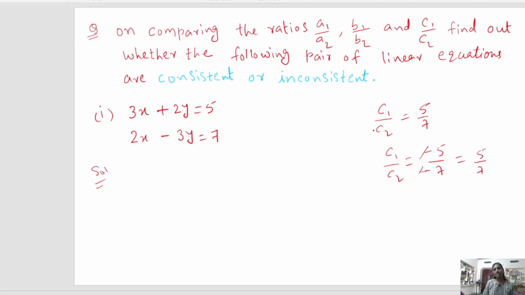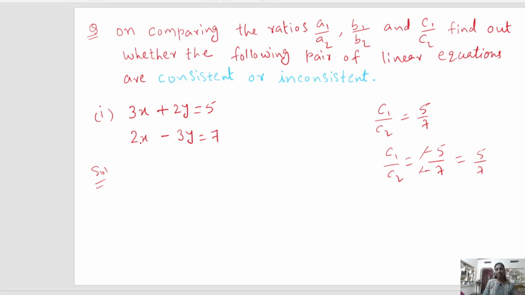So both are the same. Whether they are on the right side or the left side, the ratio is equal to 5 by 7. So no need to transpose these constants to the left side. Keep it as it is.